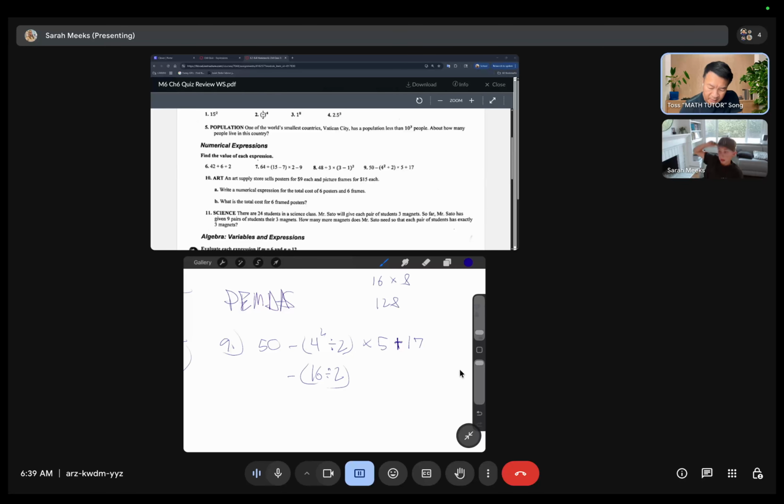I'm still working on P, so it's not yet done. Working on P, I could only do the exponent because it's a stronger operation than division. That's why I did it first.